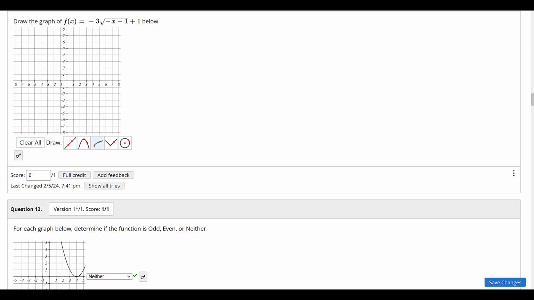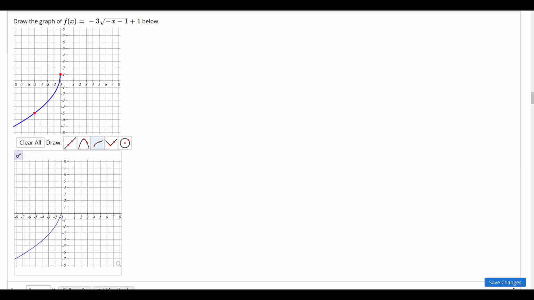Okay. And then the negative 2 was here. Negative 5 was at negative 5. There we go, it looks like the curve. So let's just check that. Yeah. Now this one stops here.